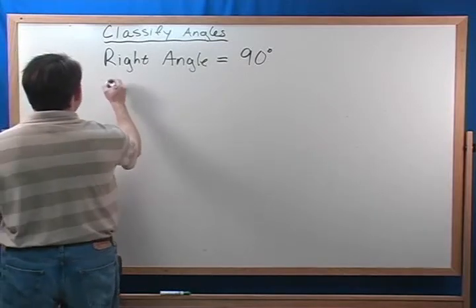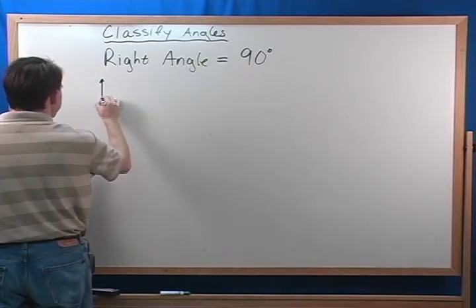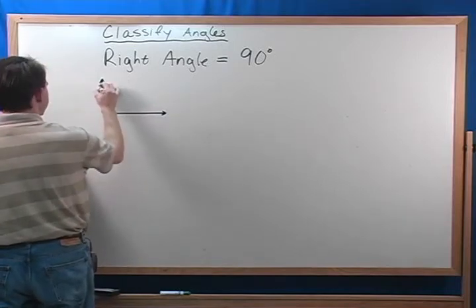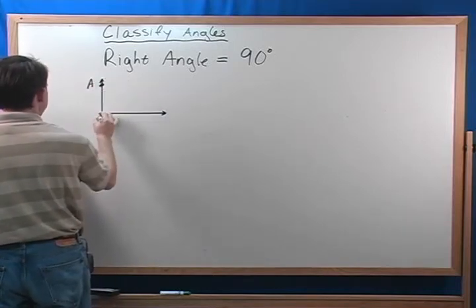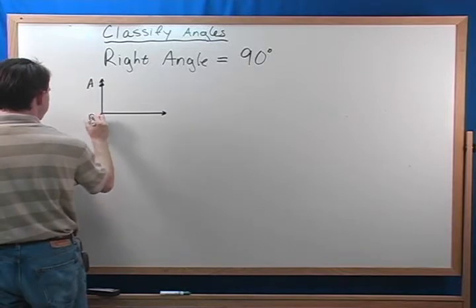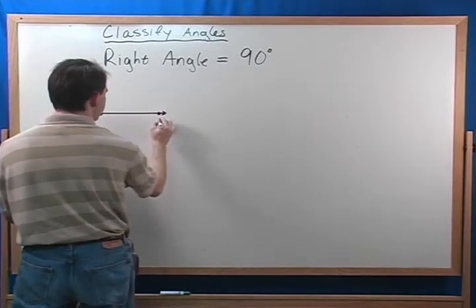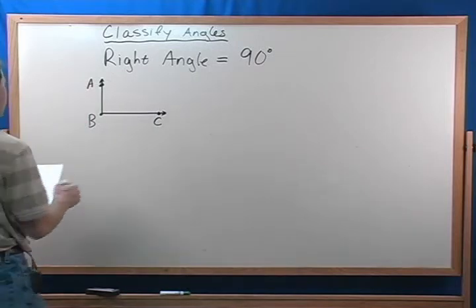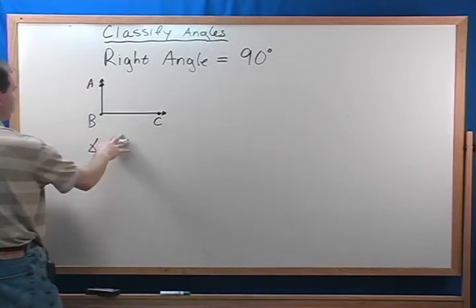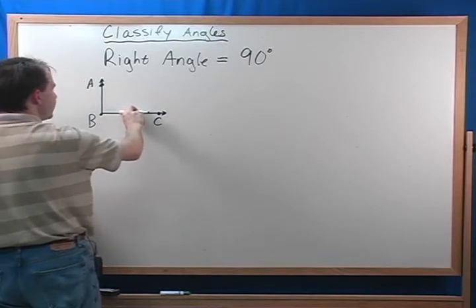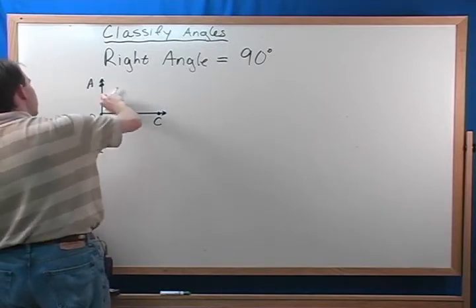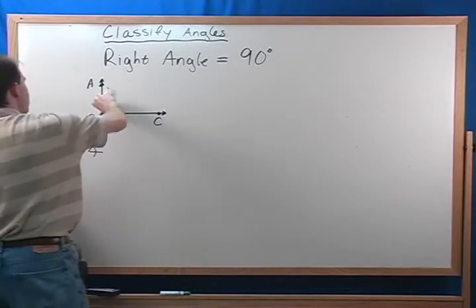So let's look at that. How would you draw a right angle? Here's one of your rays. Here's the other ray. Let's just say this is point A. The vertex point here is point B, and the other ray is defined by B and C, so I have A, B, and C. If I'm measuring this angle right here, if I go from here and start measuring up, can't you convince yourself that this is a quarter of a circle?